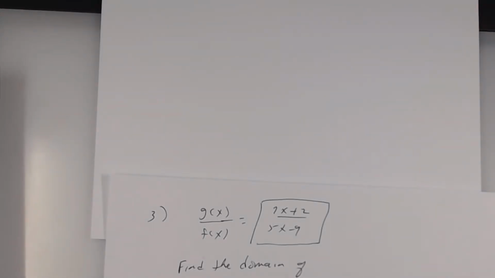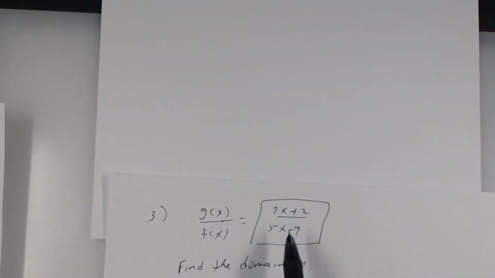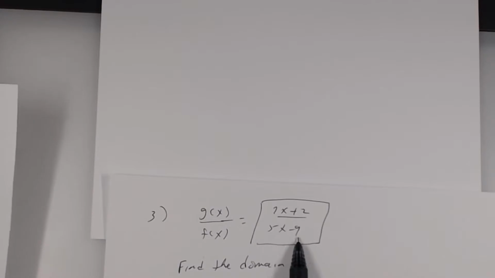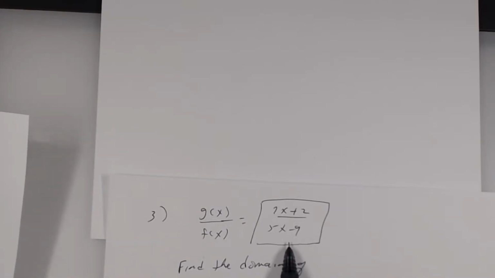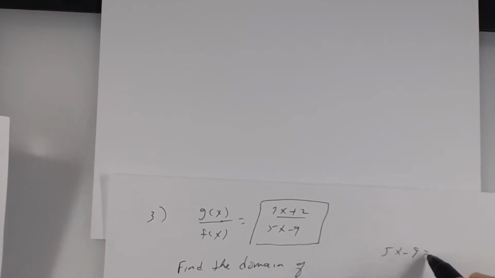Okay, but why would you do that? Why is it that you didn't do it here, but you did? Because it's a rational function. Good. So all rational functions are not defined when the denominator is 0. So you got to find out where this denominator is 0. So you set that denominator equal to 0.